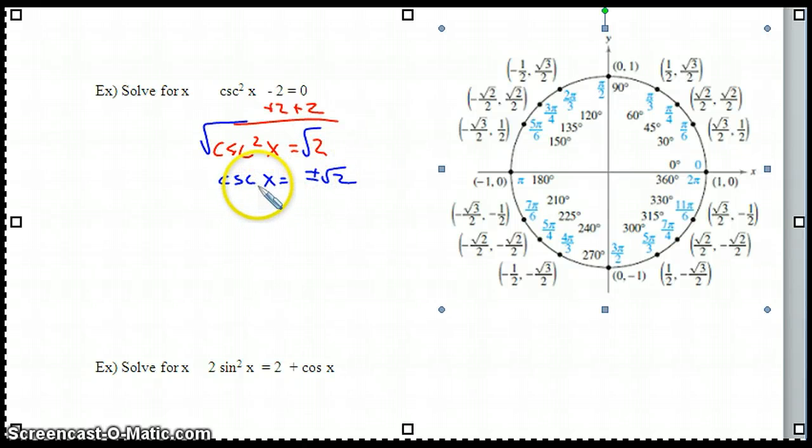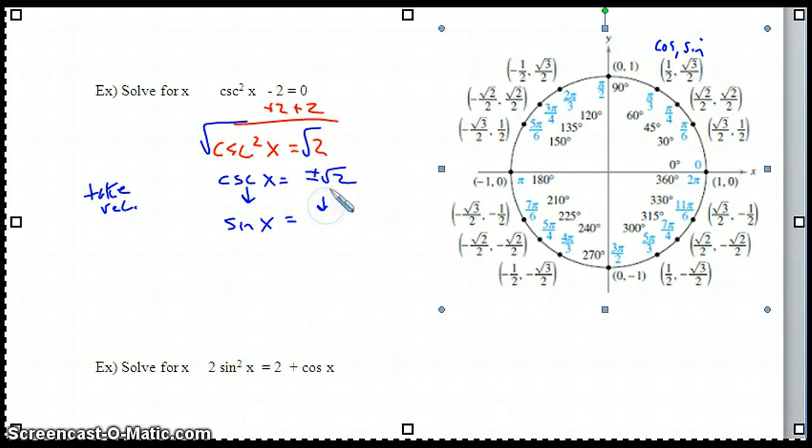Now here's the problem that I run into. Cosecant is not on my unit circle. Remember, this is a cosine, comma, sine value. But I do know that the reciprocal of the cosecant is the sine. So if I take the reciprocal of this side, I've got to take the reciprocal of this side also.